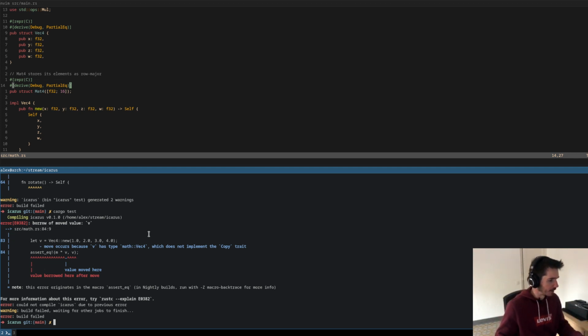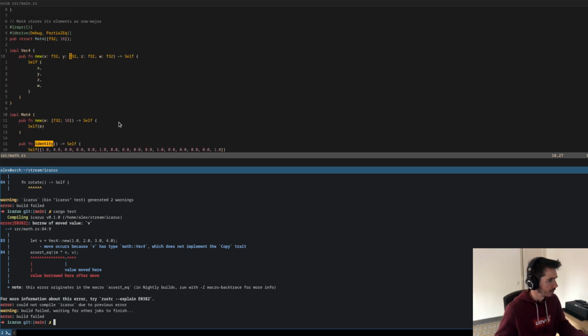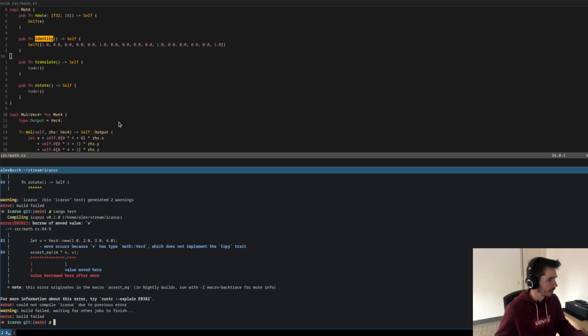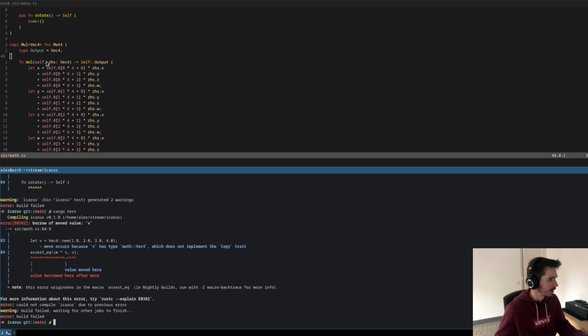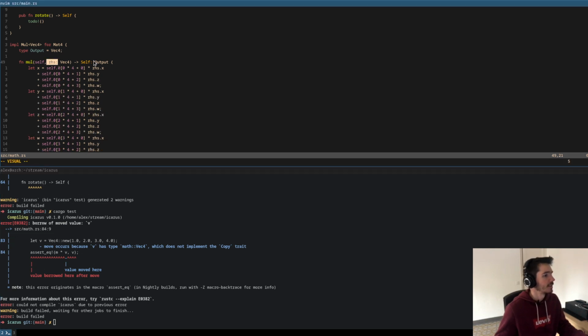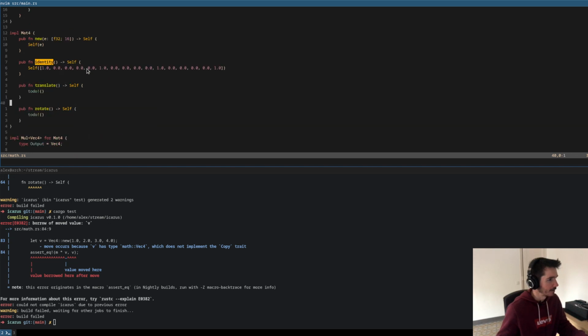Value borrowed after move. So when we do the multiplication, the trait takes its value by value.